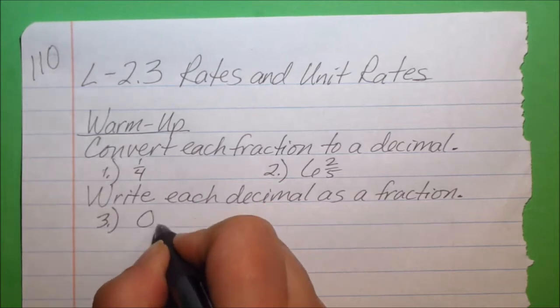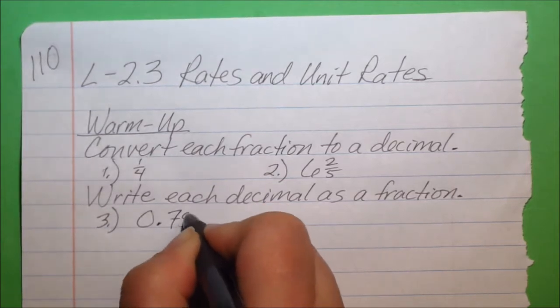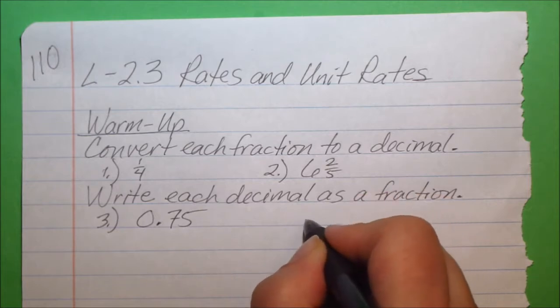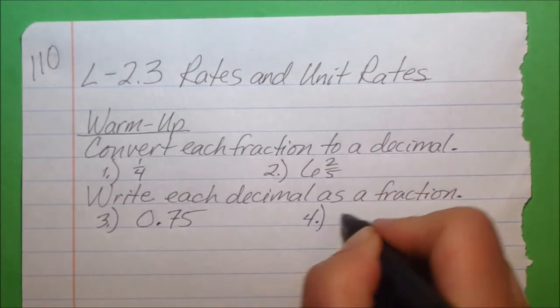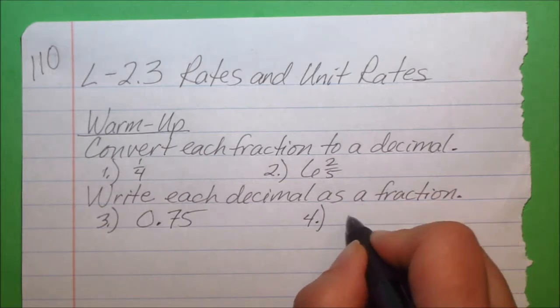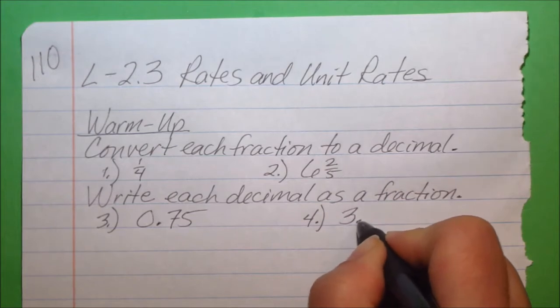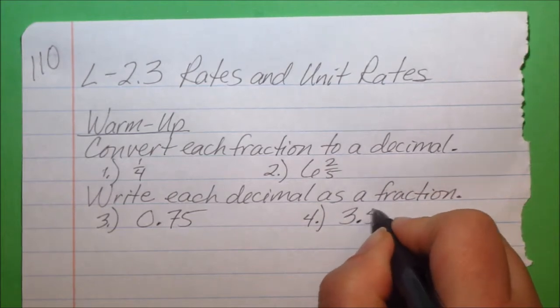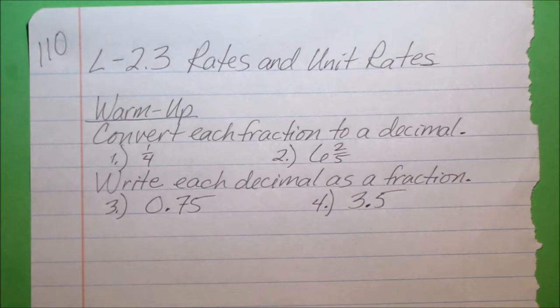And the decimal is 75 hundredths. And number 4, the decimal is 3 5/10. All right, that should be pretty easy.